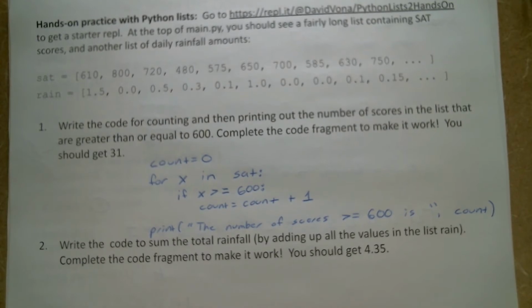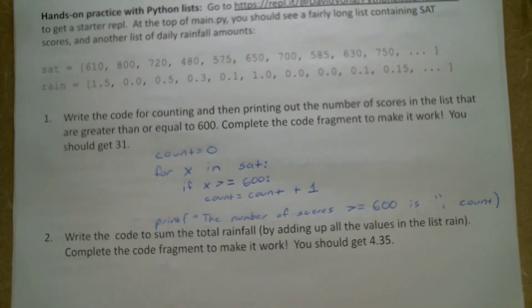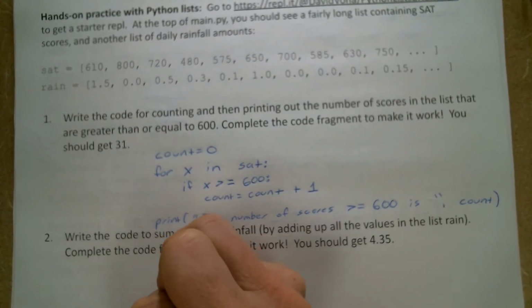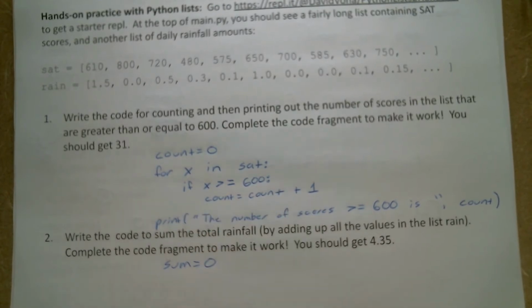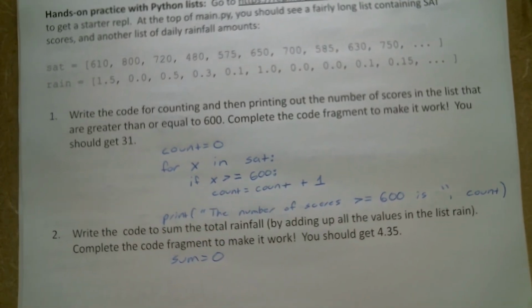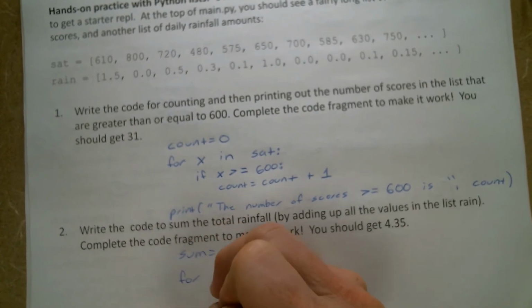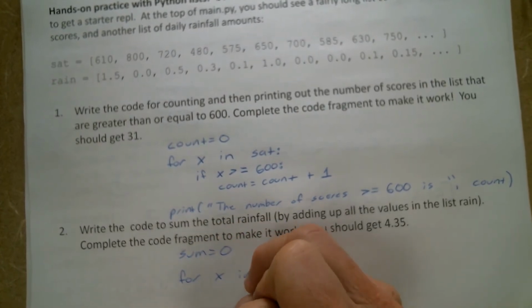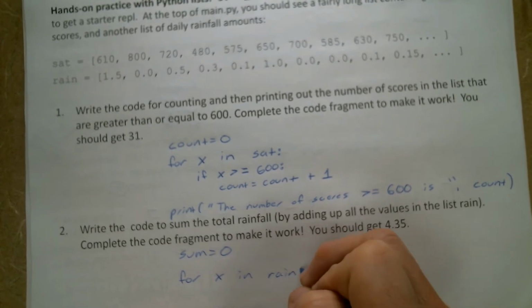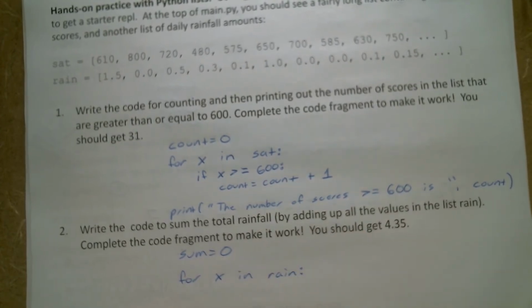All right. So number 2 says write code that sums all the rainfall. So there's no if here. I'm just summing everything. So again, I'll create a variable called sum. I'll start it off at 0. I will say for x in rain, because that's the list that I'm going to go through.